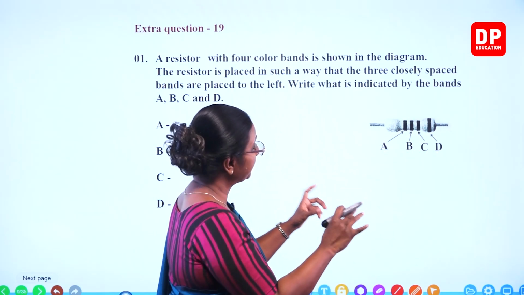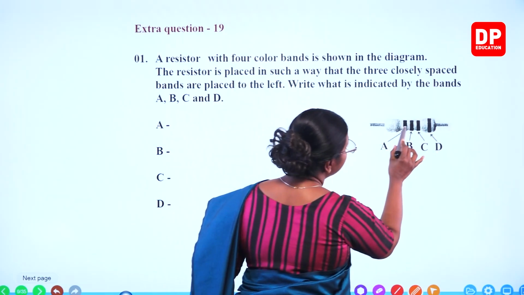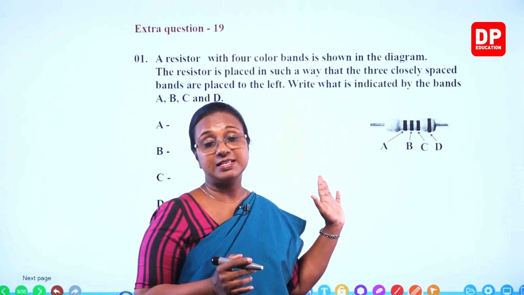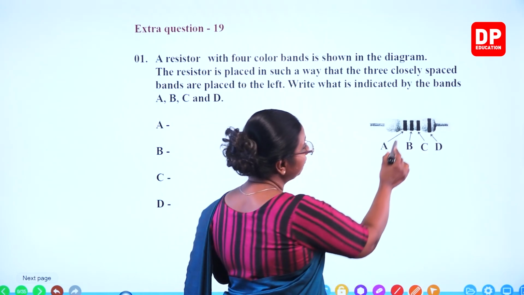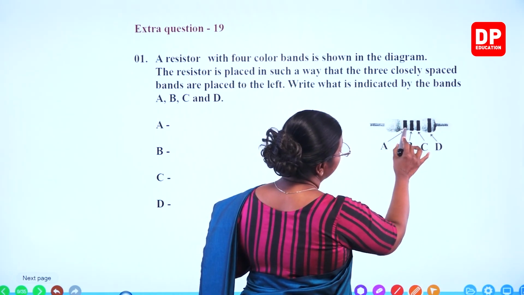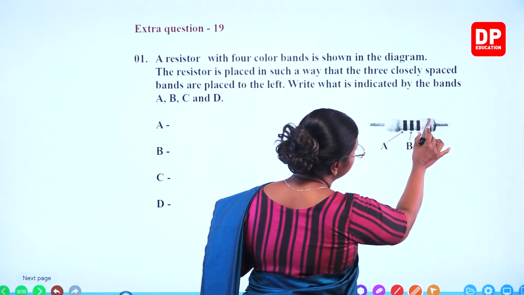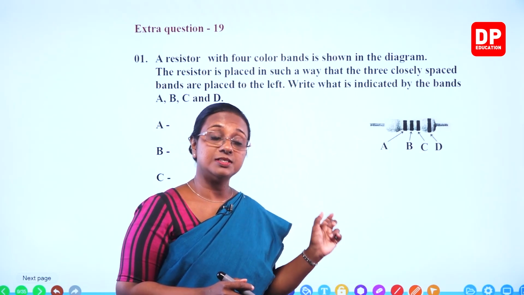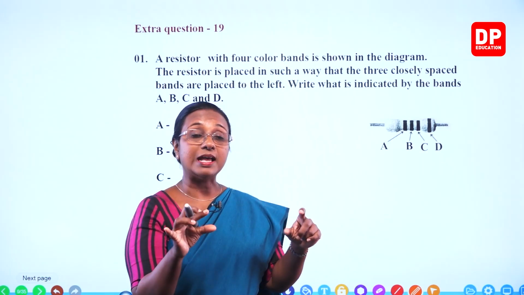You look at them in such a way that the 3 bands that are closely arranged are on the left hand side. You start reading the colors from this band. Then after the 3 bands, there's the 4th band that is slightly away from the first 3 bands.